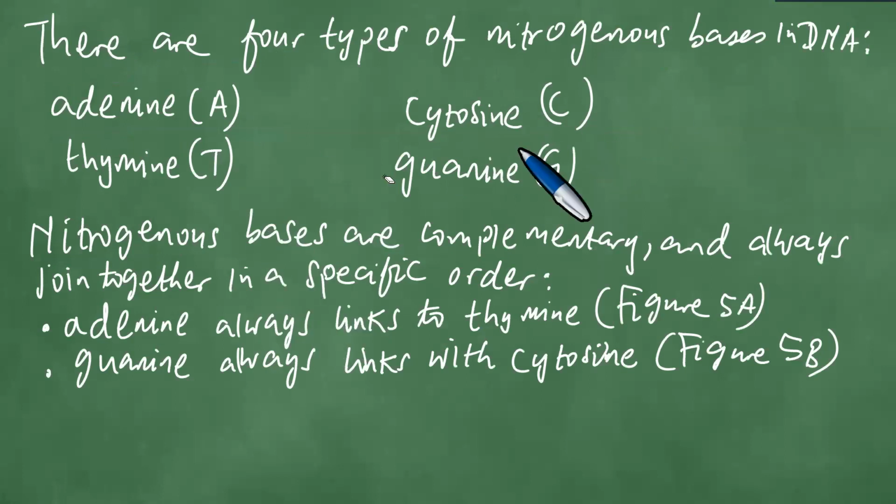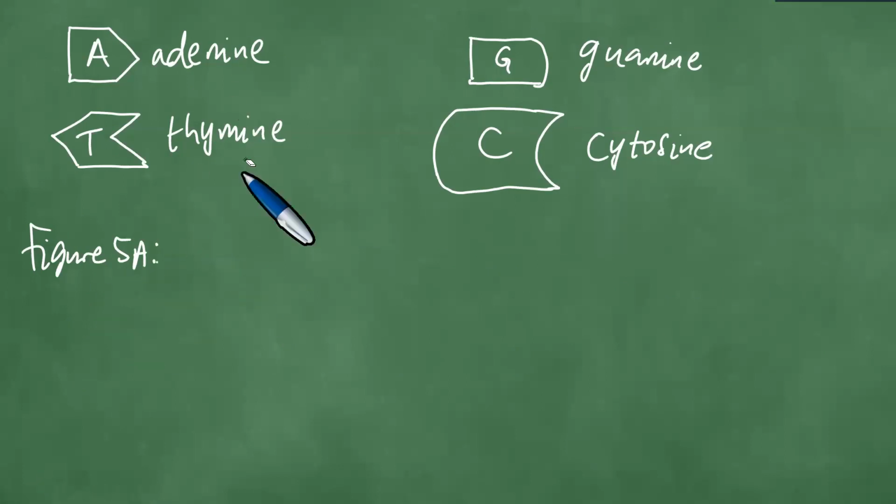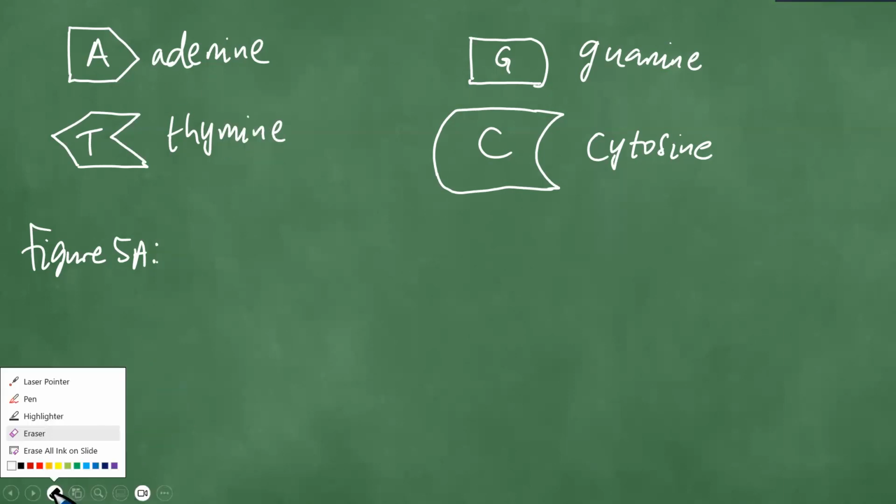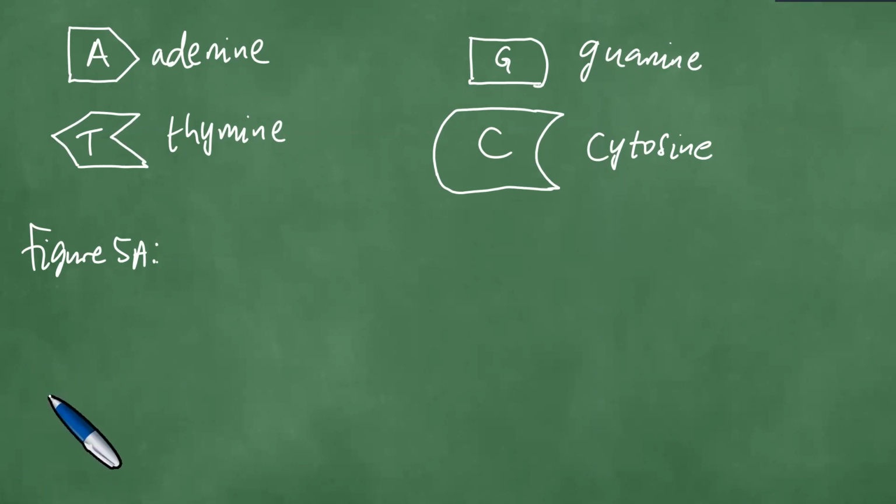There are 4 types of nitrogenous bases in DNA, but in figure 5a, we're showing only 2, adenine and thymine. So you have adenine with thymine.